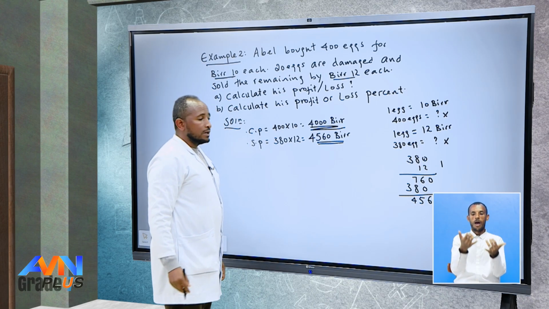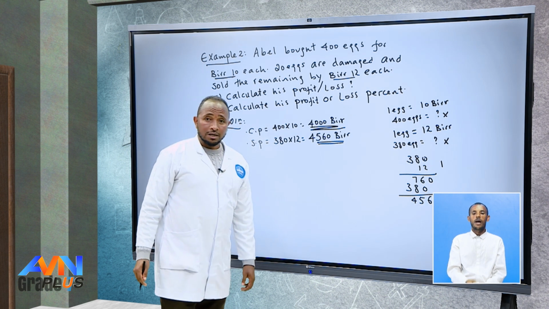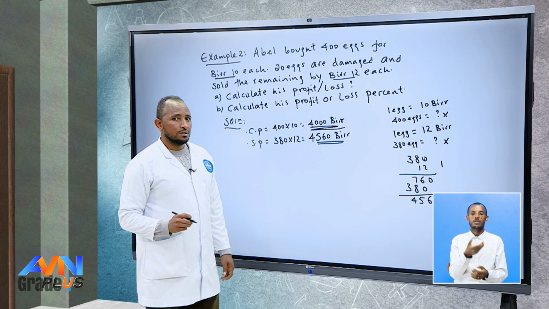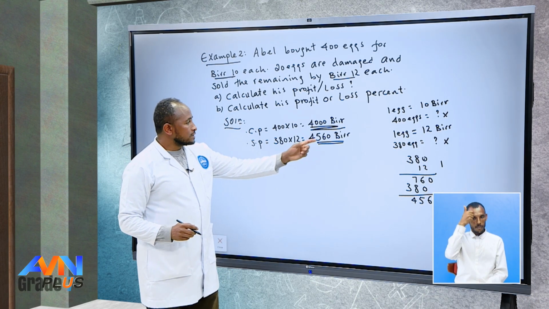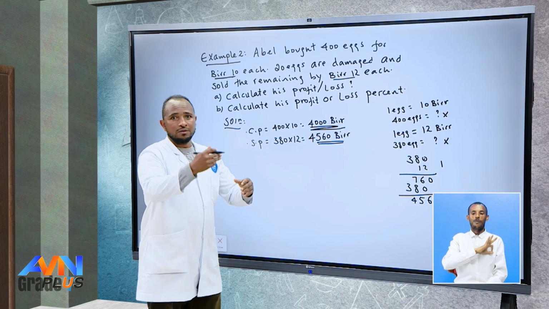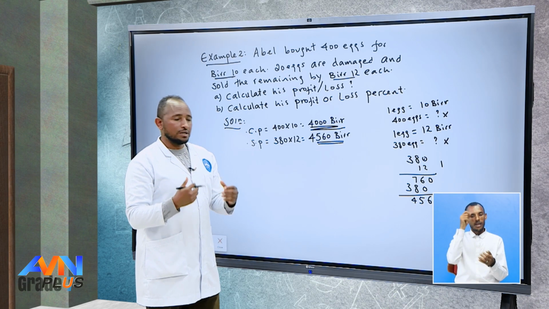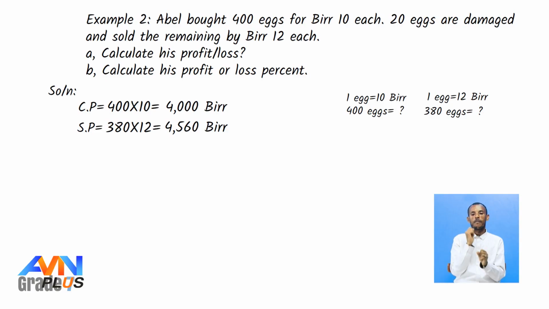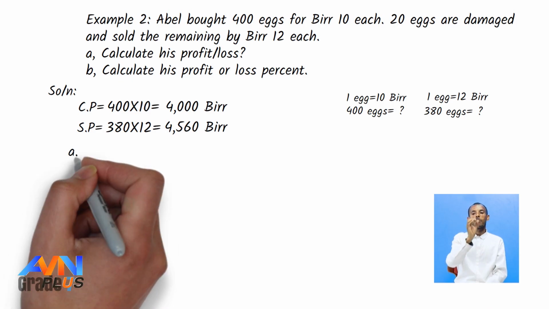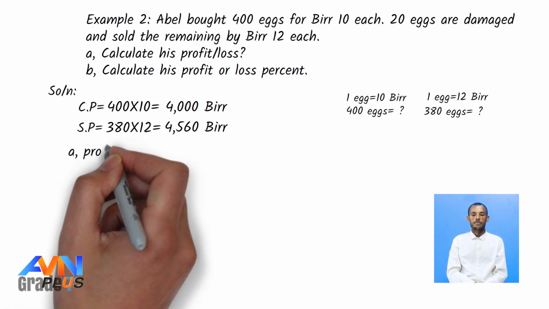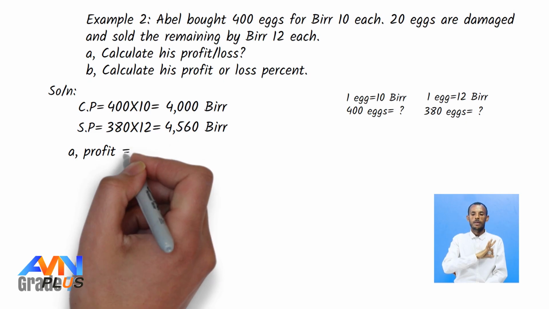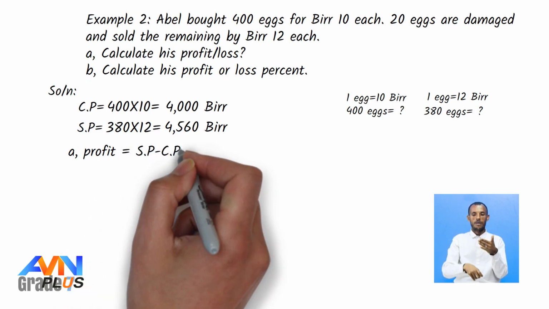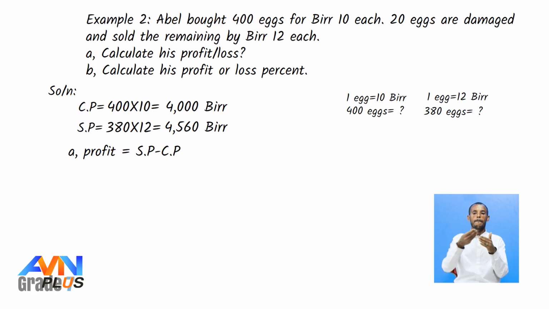Now, does Abel have a loss or a profit? Good. Abel has a profit, as you can see here. He sold for more than the cost. Therefore, he has a profit. So, let's find his profit. Profit is given by selling price minus cost price.